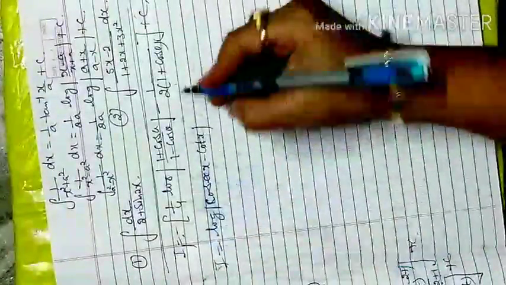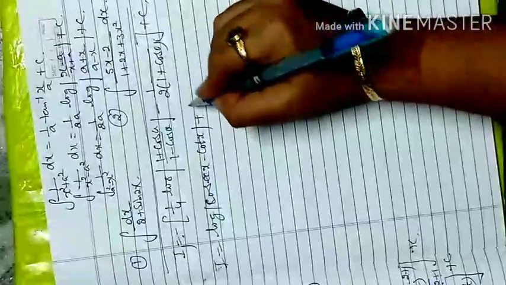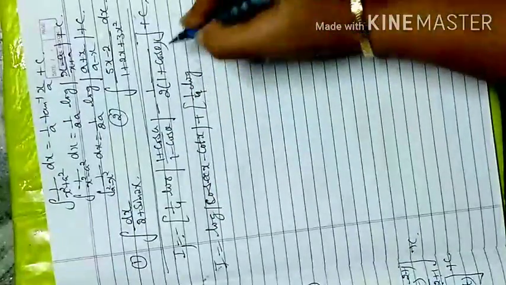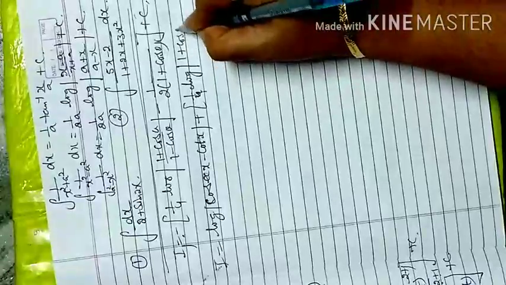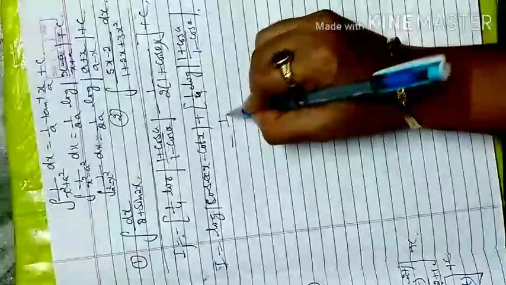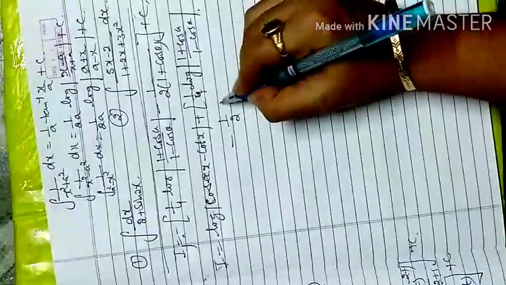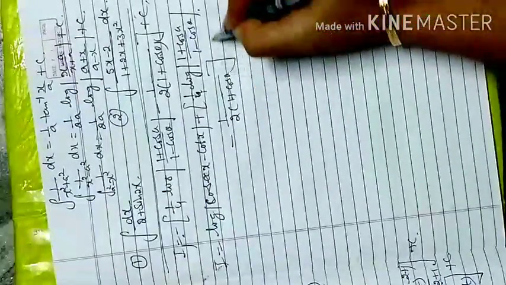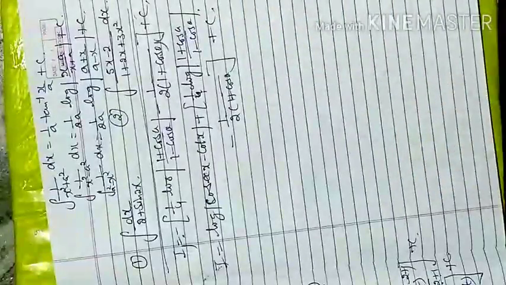So this negative sign becomes positive, and I directly write this value, 1/4 log((1 + cos theta)/(1 - cos theta)), minus 1/2 (1 + cos theta) plus c. So that is my required answer.